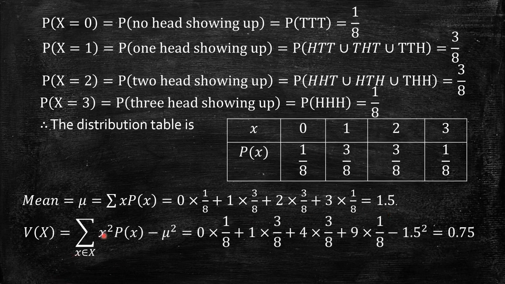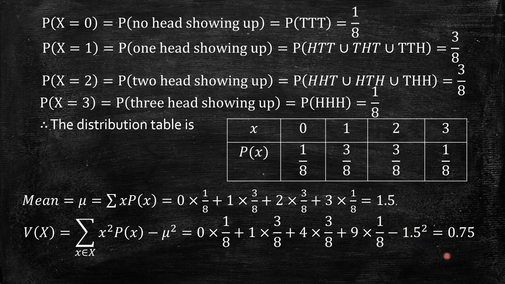The variance formula is summation x square p of x minus mu the whole square. So we have 0 square into 1 by 8 plus 1 square, 1, into 3 by 8 plus 2 square, 4, into 3 by 8 plus 3 square, 9, into 1 by 8. Calculate this minus mu the whole square. Mu is already calculated, 1.5 the whole square.